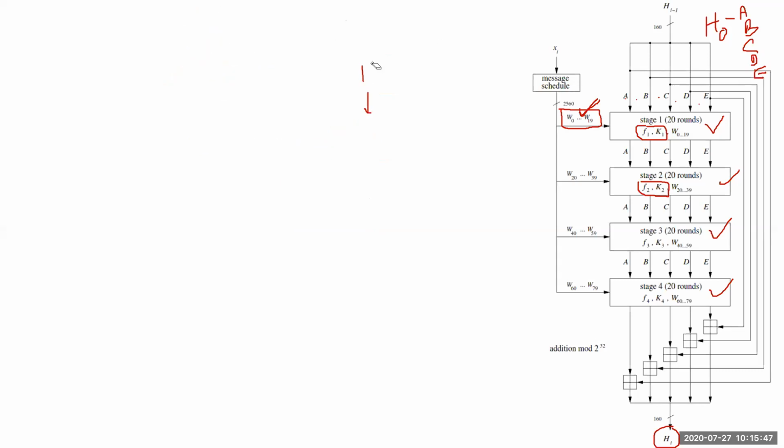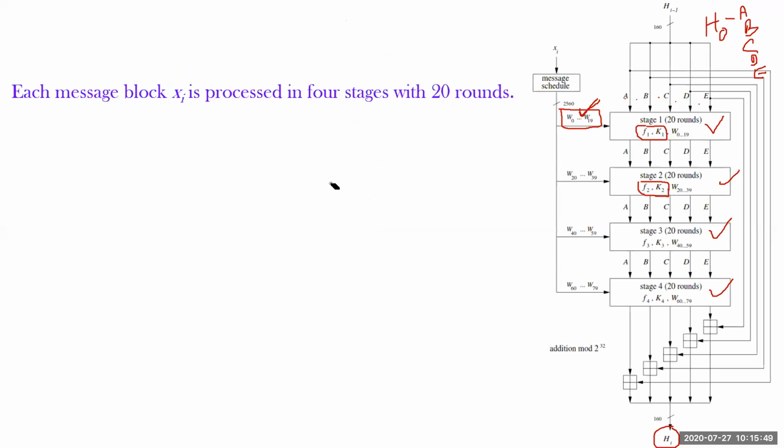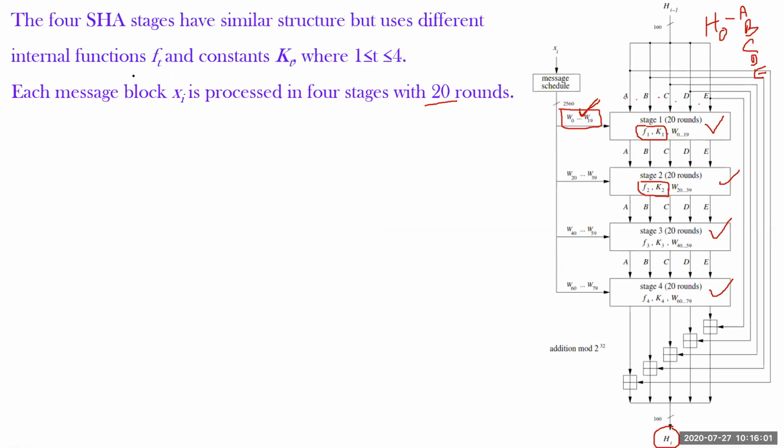This is the specification. Each stage is processed with 20 rounds, and each internal stage is operated with f of t and k of t, where t ranges between 1 and 4.